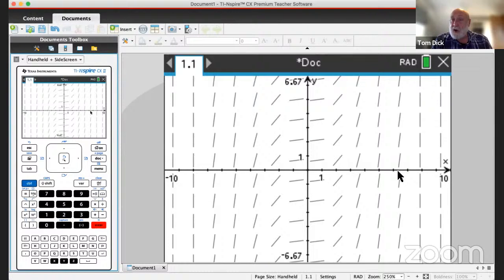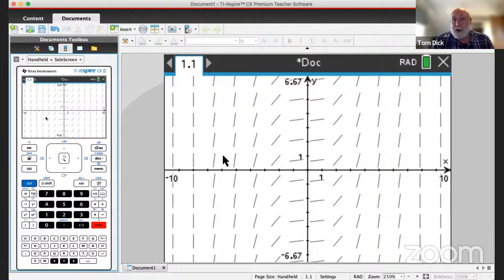As x gets larger in either the positive direction or large magnitude negative direction, x squared over 4 will be a larger number, and now we're seeing a steep positive slope. So this is a slope field that's fitting those slope values that were generated there.